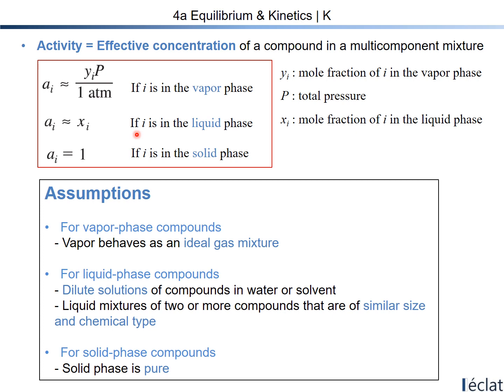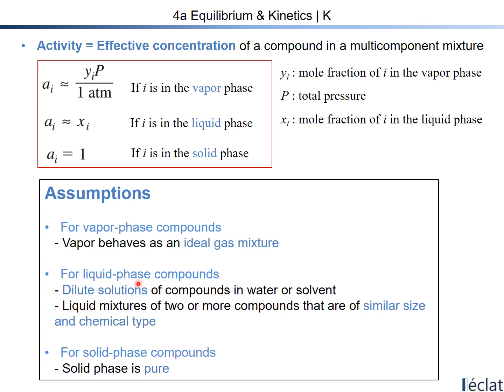Also, during this course, I'd like to assume several things. If you have vapor phase compounds, then you could assume that vapor behaves as an ideal gas mixture. Of course, sometimes not. However, in this course, for simplicity, we will use the ideal gas mixture for vapor phase compounds.